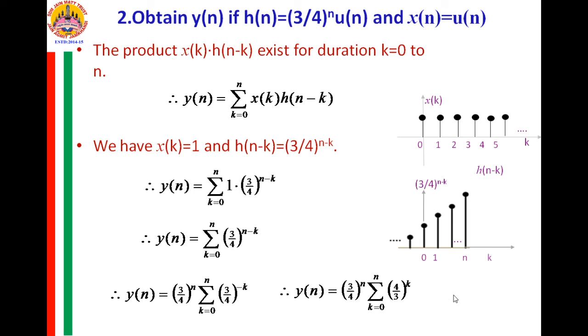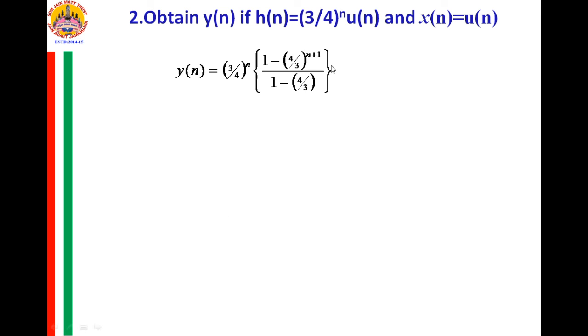So, let me rewrite 3 by 4 raised to minus k as 4 by 3 raised to k. It will be easier to write the closed form expression. So, the closed form expression is 1 minus 4 by 3 raised to n plus 1 divided by 1 minus 4 by 3.